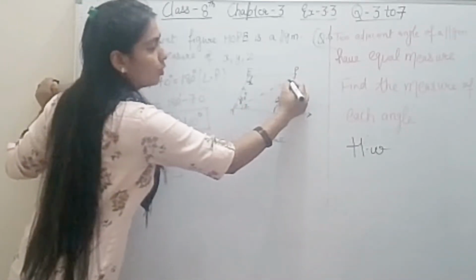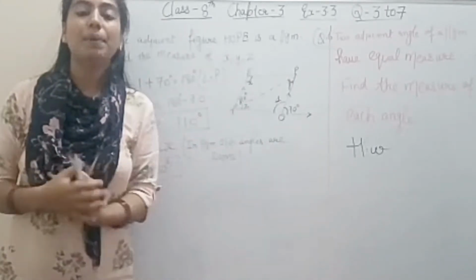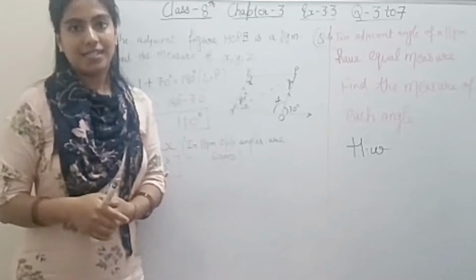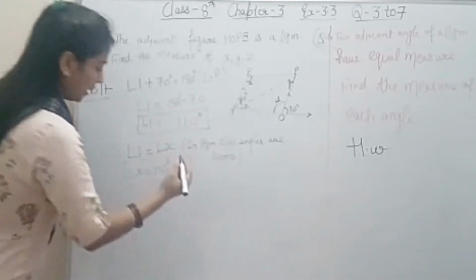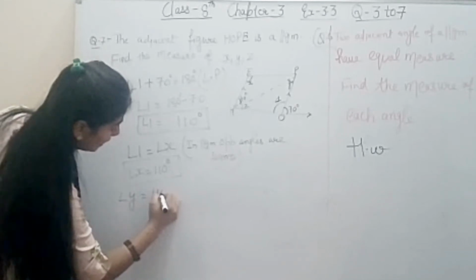So what is the angle called? On the same line, opposite interior sides, so it is alternate interior angle. Right students? So we can write angle y is equals to 40 degree.